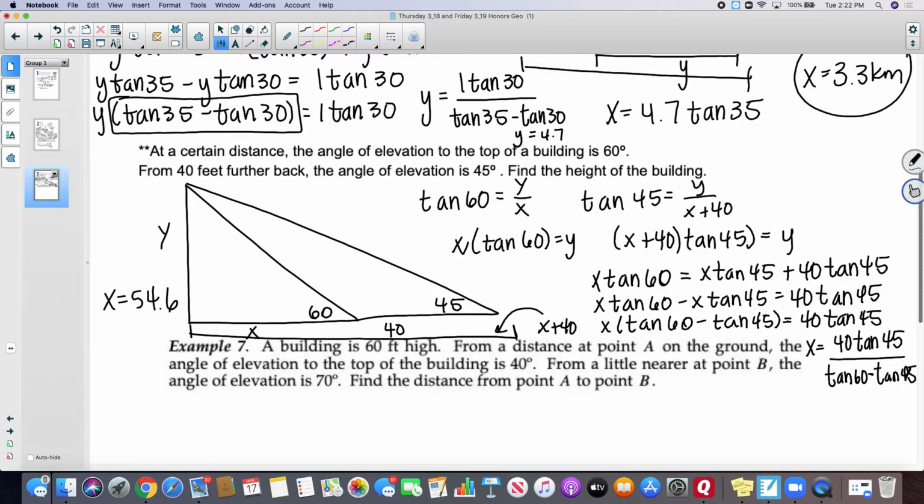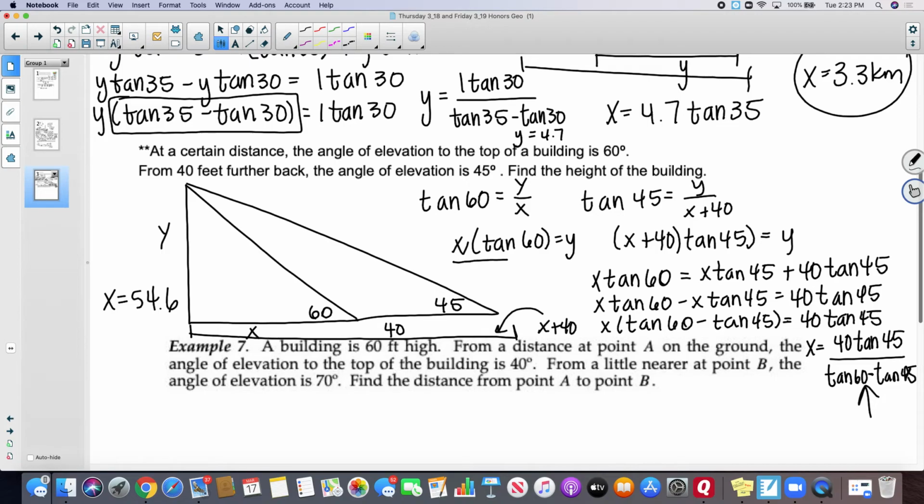Okay, so I've written all the work out. So when you get here, you should be putting in your calculator, control divide, 40 tan 45 divided by tan 60 minus tan 45. You should have gotten 54.6. And then if you are going to solve for y, you're going to plug it back in.